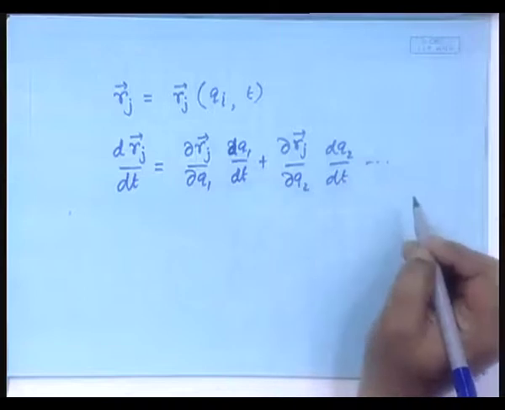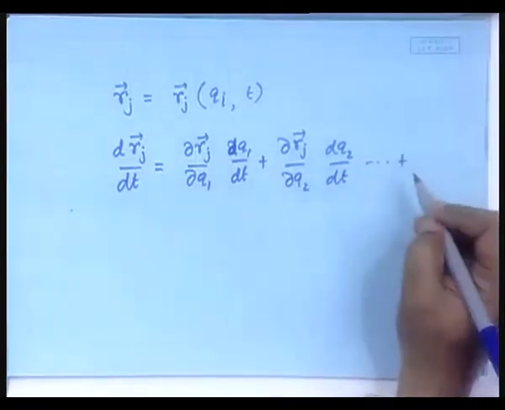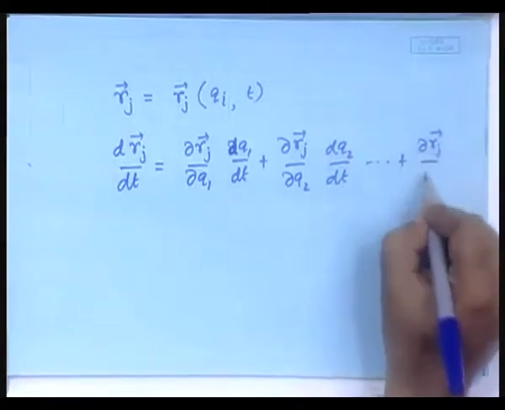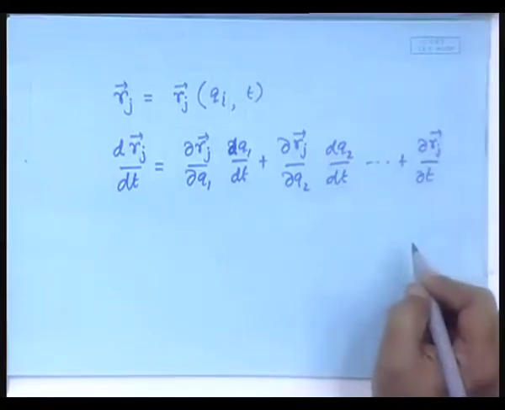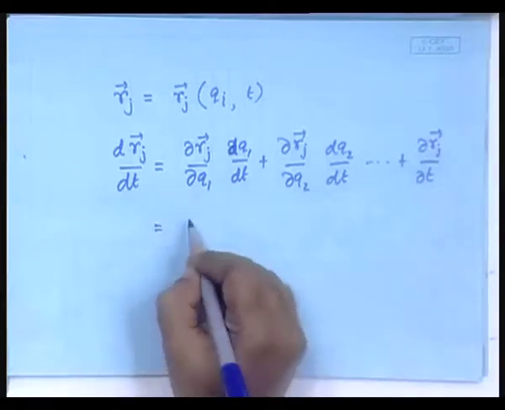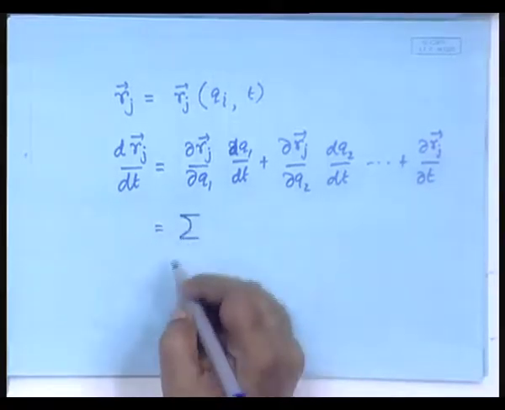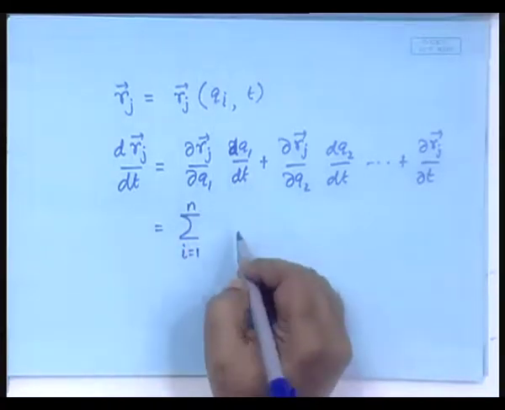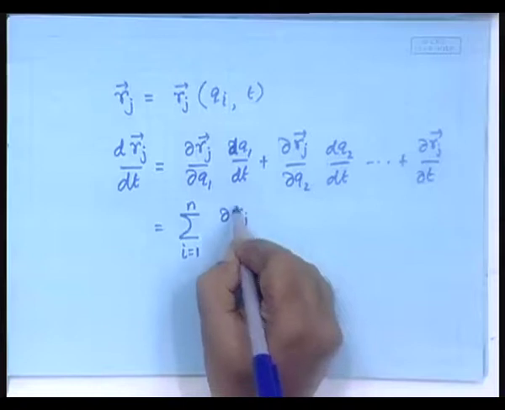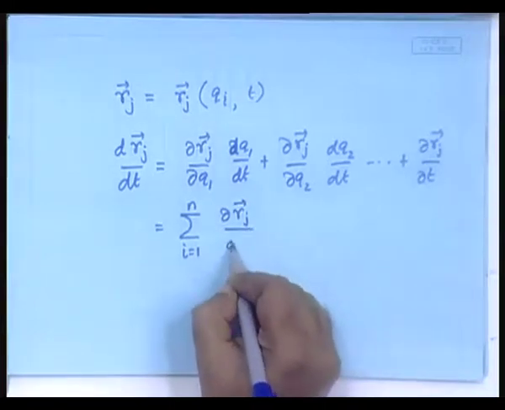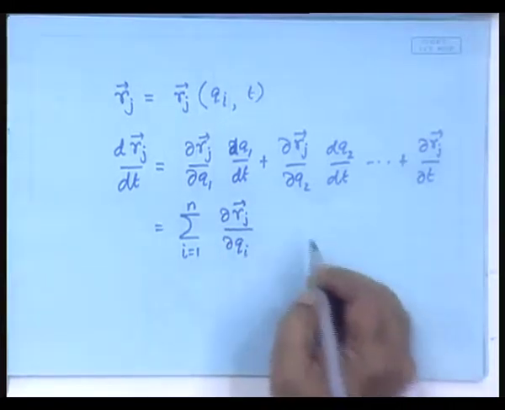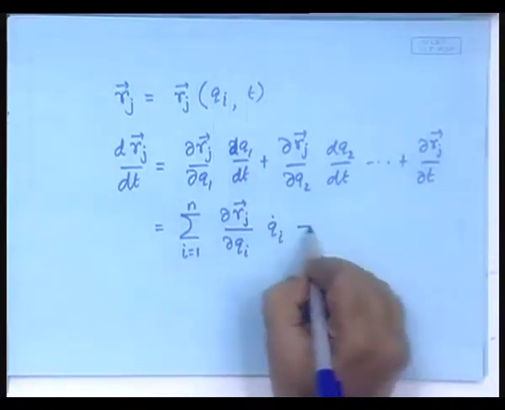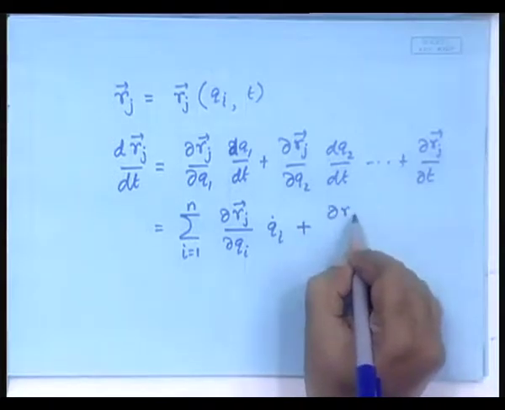and all that, plus the way it depends on time. So, this is nothing but sigma I is equal to 1 to n delta r j vector delta q I, and this is q dot I plus delta r j delta t.